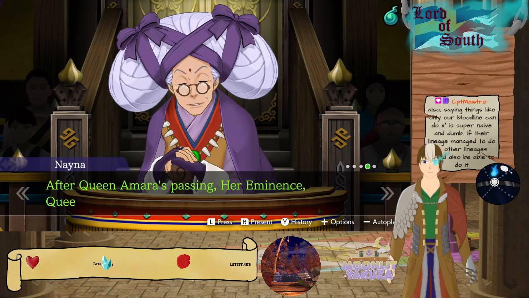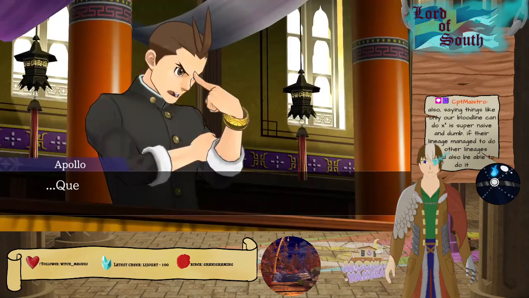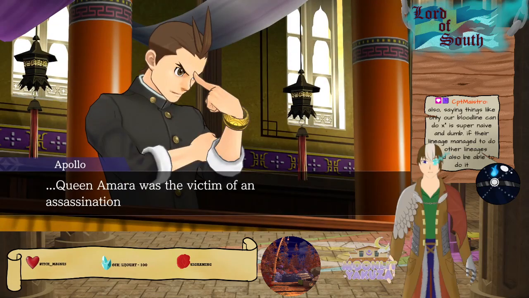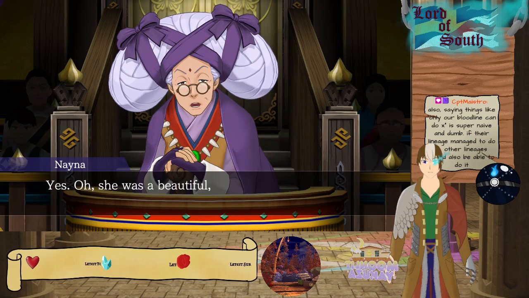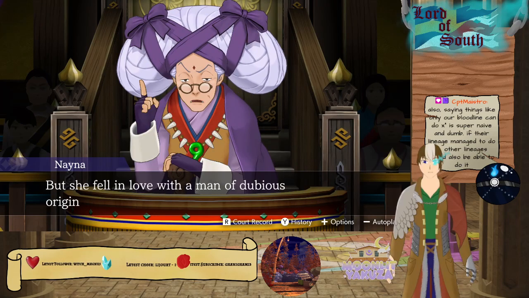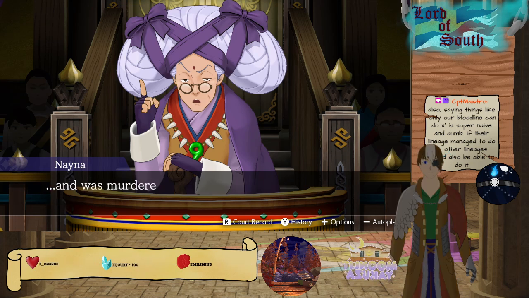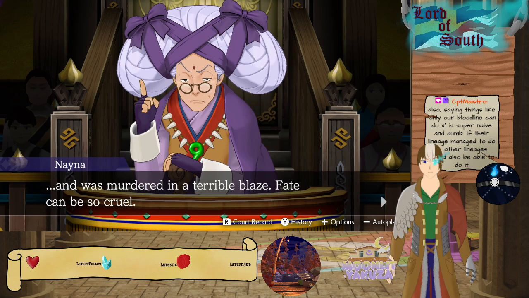Oh right, we already did that. This is actually where we're going to press on a bit, because we know she's alive. Queen Amara was the victim of an assassination, right? Yes, she was a beautiful, gentle soul, but she fell in love with a man of dubious origins, and was murdered in a terrible blaze.